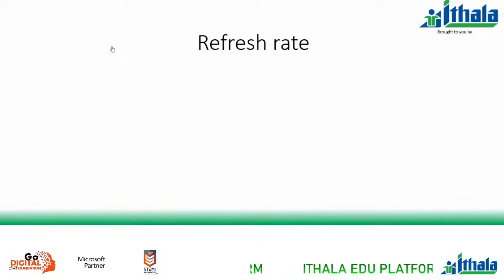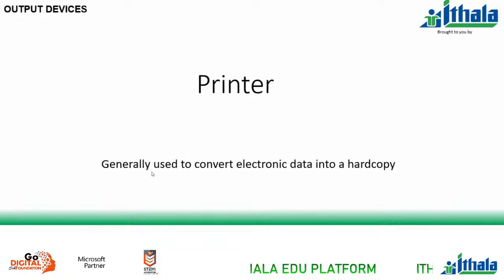And then we're still looking at our output devices. Another output device that one has to look at is a printer. We've got different types of printers. Generally, printers are used to convert electronic data into a hard copy.